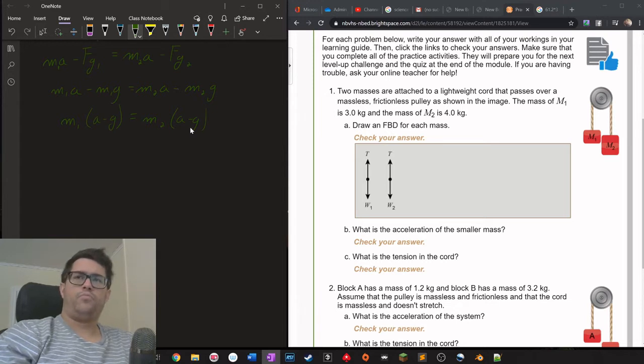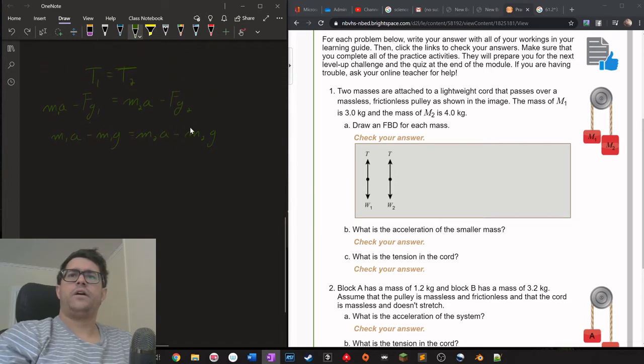No, I don't want to put A in a bracket, right? We don't want to do that. What do we want to do again? Isolate A. We're trying to isolate the A. So we would write M1A minus M2A. Send that over here and send this over there.